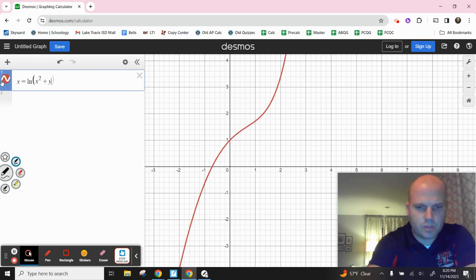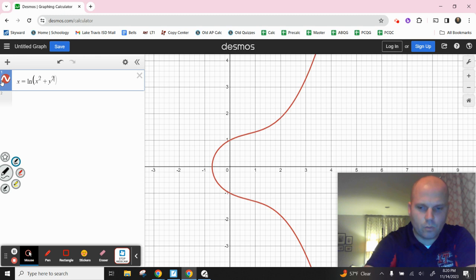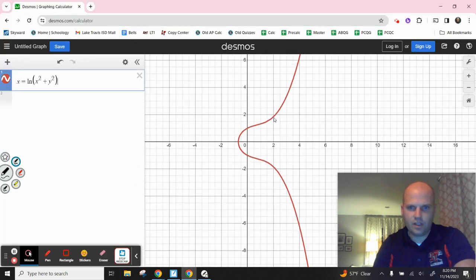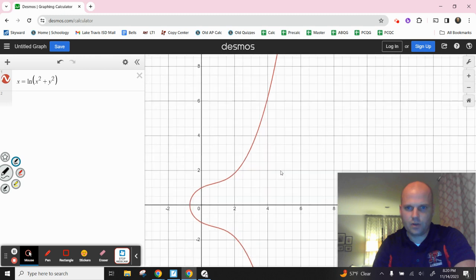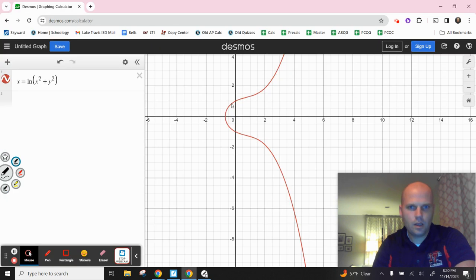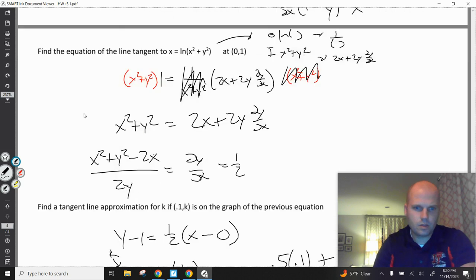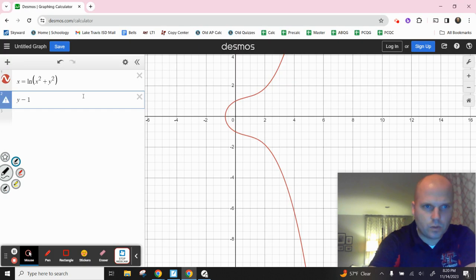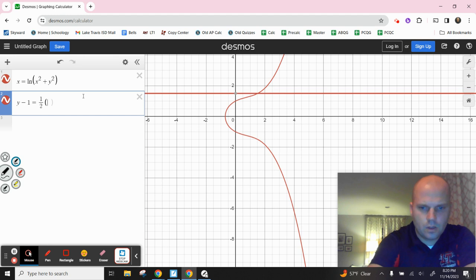This will be interesting because I can plug in any x's or y's and it works, which makes it the log of positives. So, there you go. That's a fun little curve. And then we have our equation: y minus 1 equals a half x.